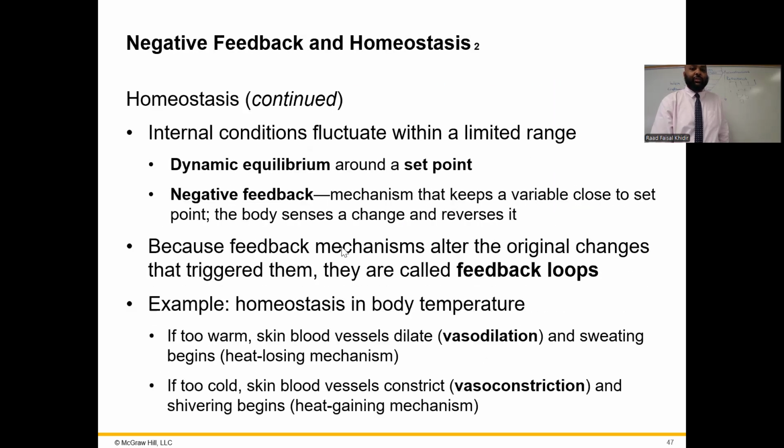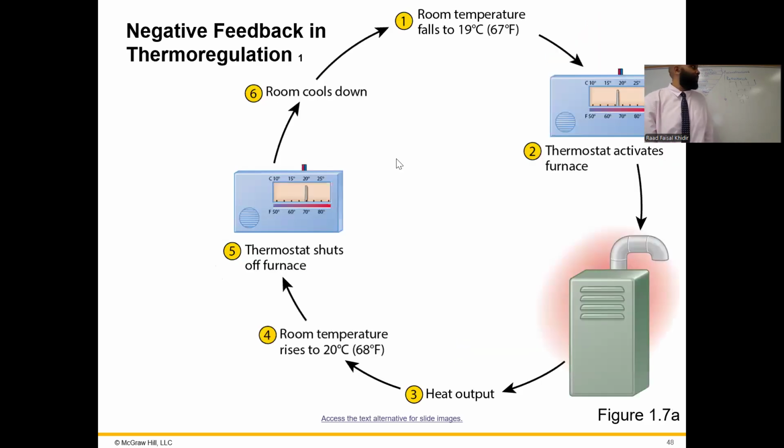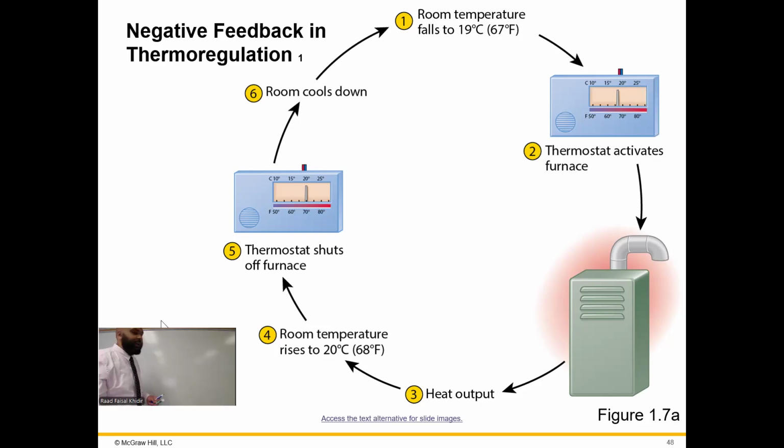Next illustration. This one is golden. This is a very high yield concept. You knowing the 8 steps of homeostasis, we're going to be doing this every single day when we come in. We said that homeostasis is our green range.